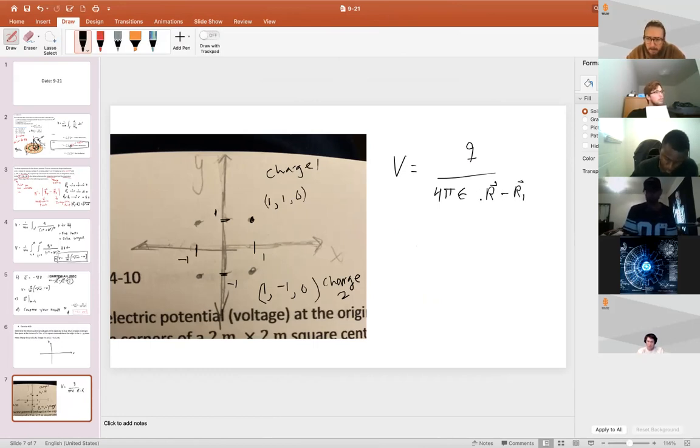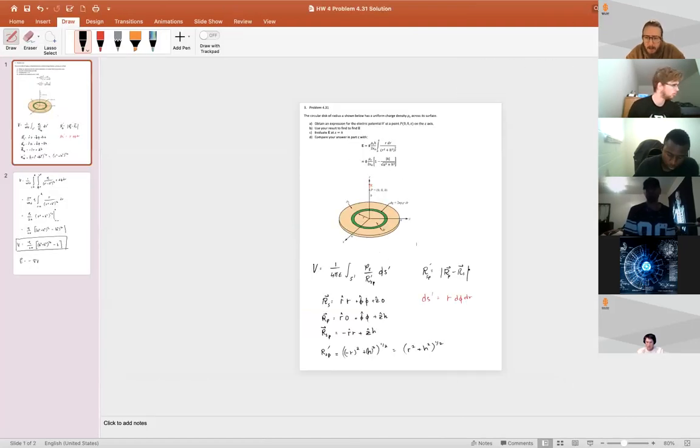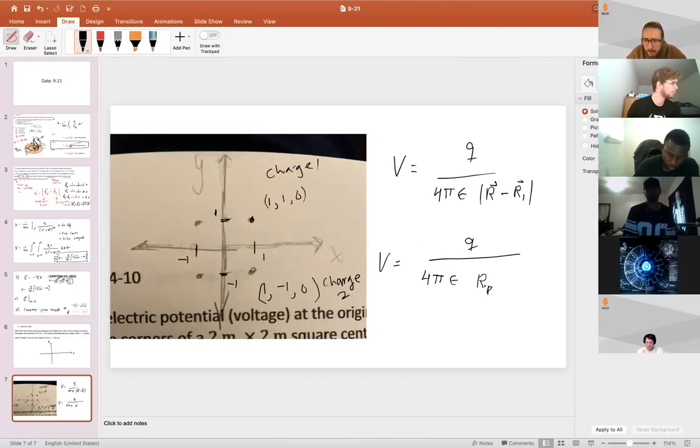So for us, this is the same as Q over 4 pi epsilon times the magnitude of RP minus RS, the observation point minus the source point. So this is a magnitude, some scalar that we're trying to find.